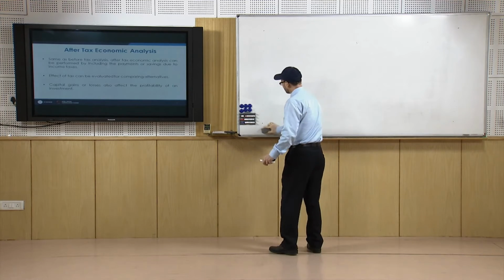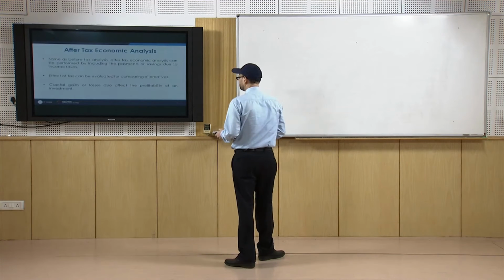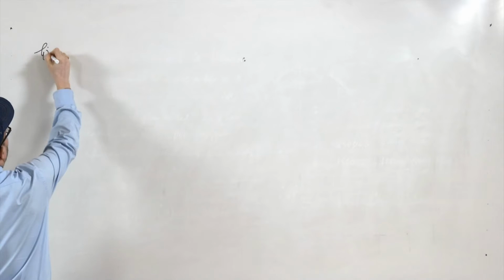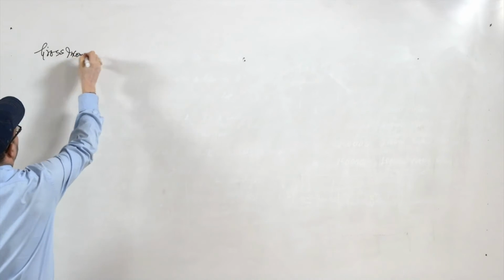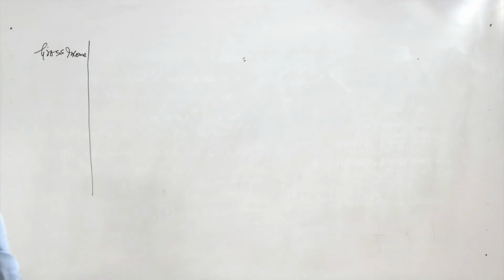So, let us discuss a situation where the gross income is given with alternative 1 and 2.